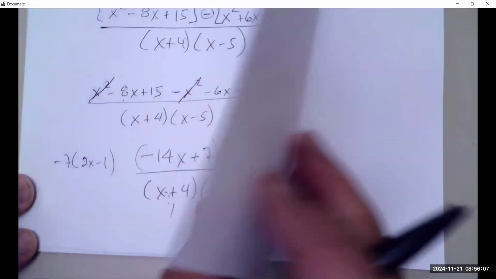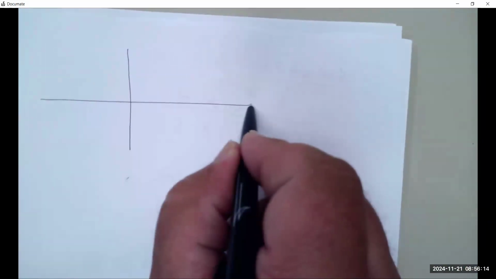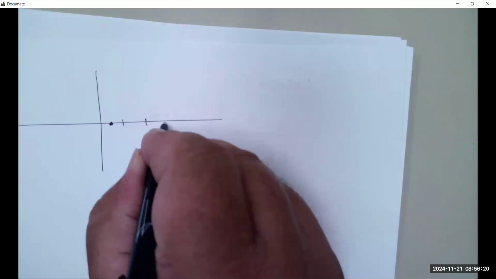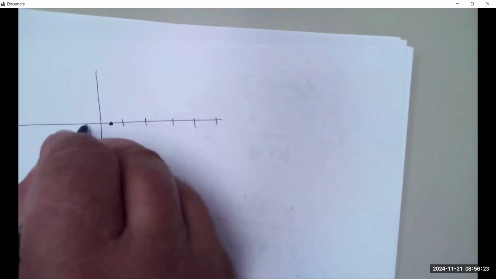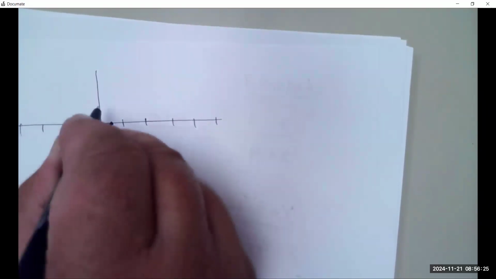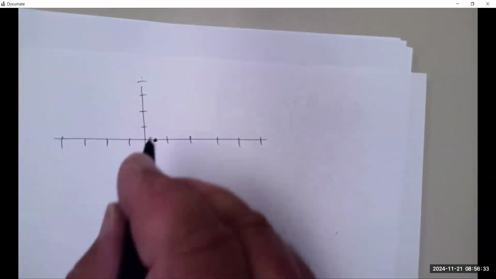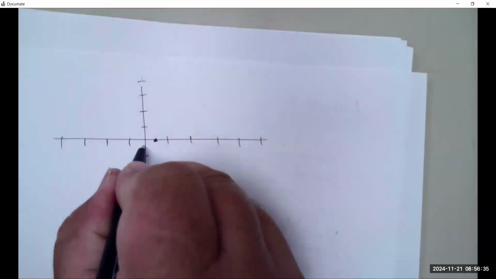So let's go ahead and graph this now. My x-intercept is at 1/2. My y-intercept is at negative 7 over 20, which is right about there.